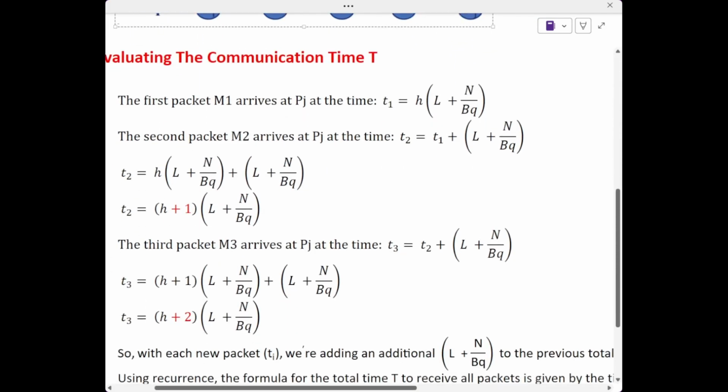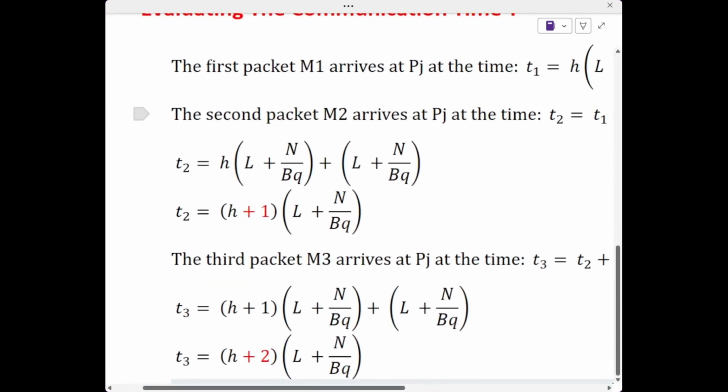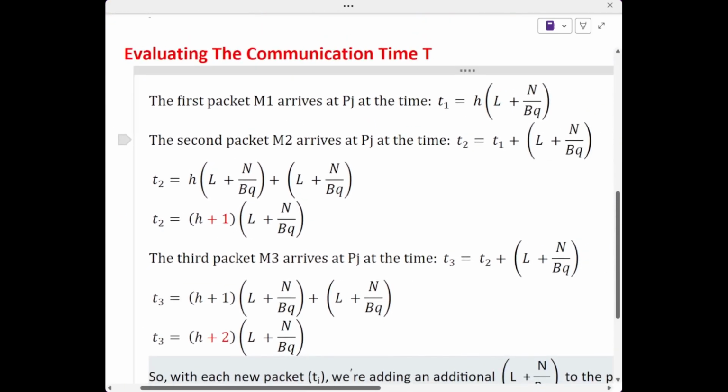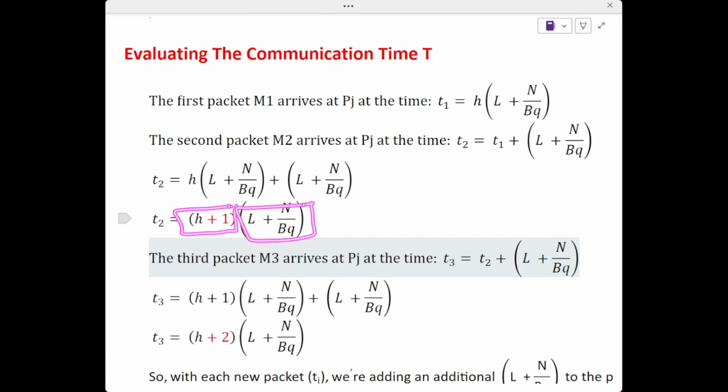That's why we can say that T1 plus the time needed to go through the last one is the time needed for M2. Another way to express this is the time needed to send packet 1, and this is the time needed to send packet 2. We can formulate it like this, H plus 1 times the communication time in general.